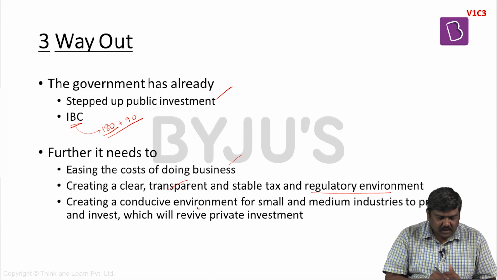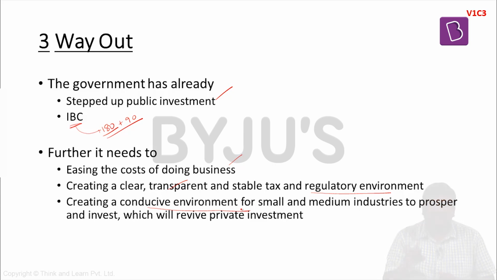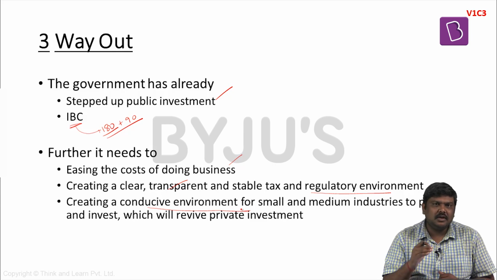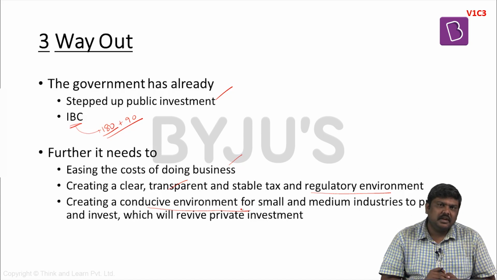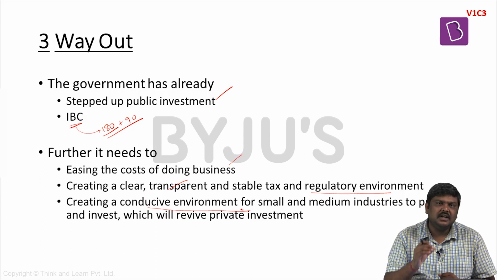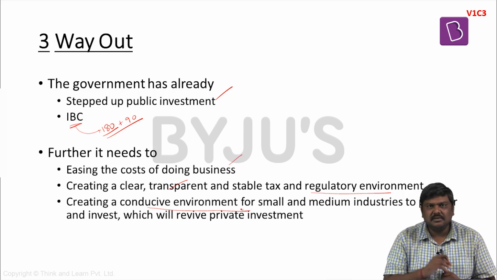And third, a conducive environment must be provided for the MSME sector to invest, thrive, contribute to growth, create employment, and contribute to exports. MSME is very important, and the Government of India has already taken various measures to promote investments in the MSME sector. This is also very important for a simple reason: the MSME sector has been severely affected by policy implementations such as GST as well as demonetization.